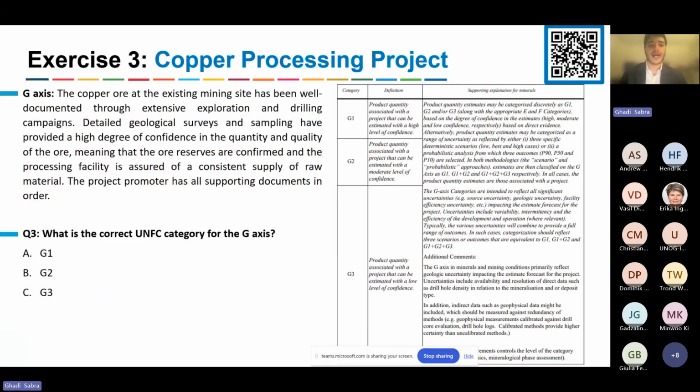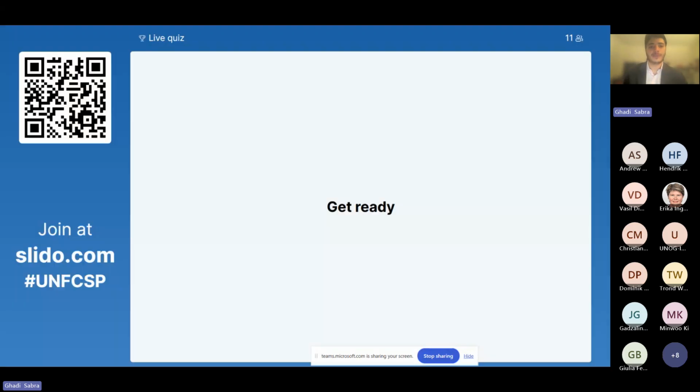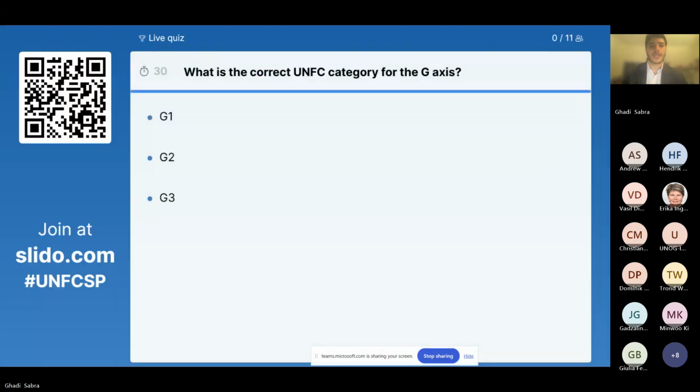The project promoter has all supporting documents in order. So what is the correct UNFC category for the G-axis here? Is it G1, 2, or 3? Get ready. Again, G1 being high level of confidence, G2 moderate, and G3 low. Please do select your answer.